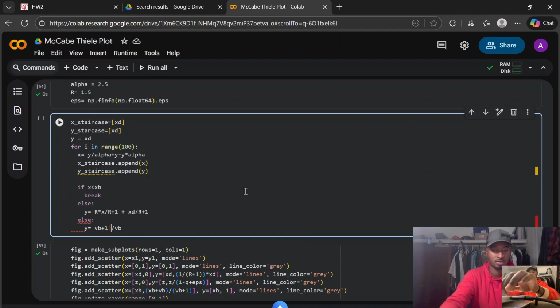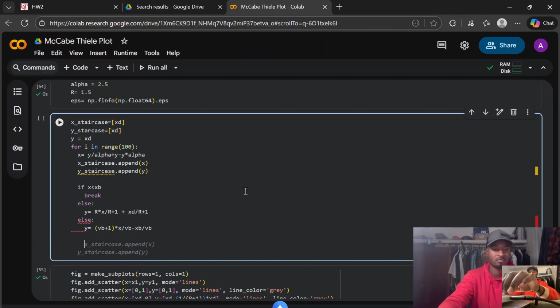That's all multiplied by x here. And then we should just subtract xb divided by vb from that. And from that, we can then append that staircase to x and y staircase, just like that.